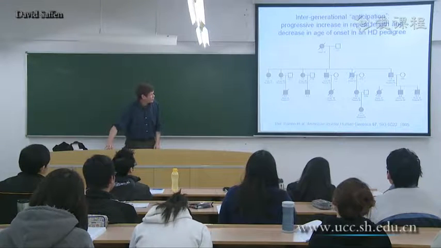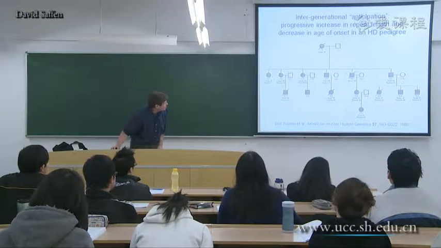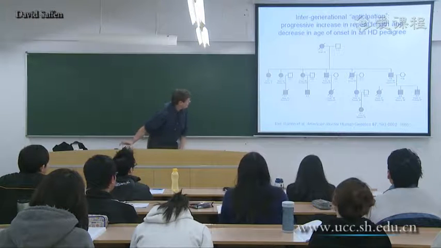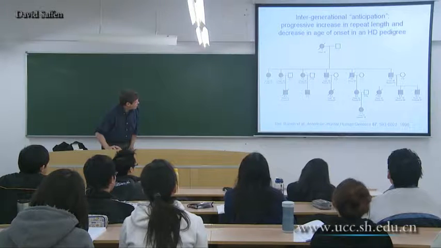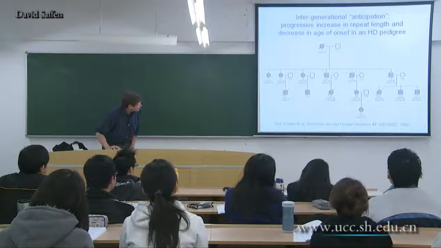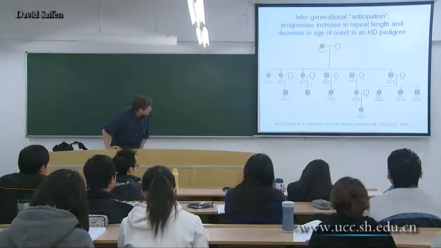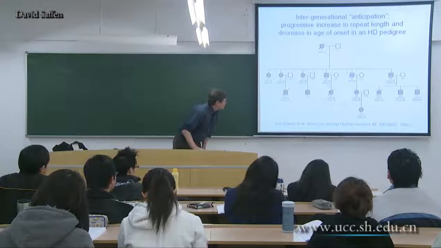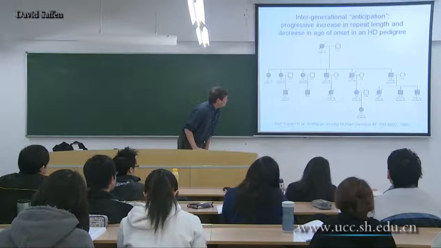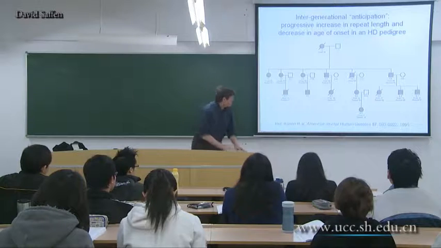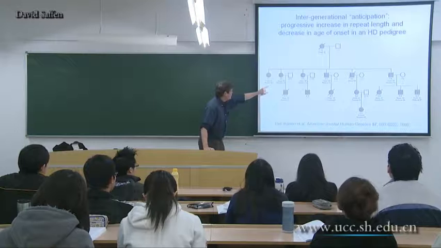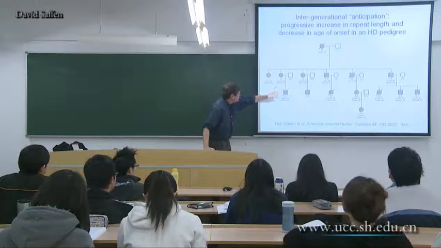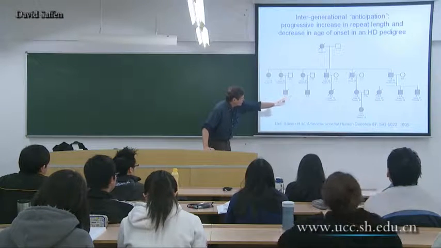So in the first generation, the age of onset was 34. Among those children, it's roughly the same: 35, 40, I can't read that, 39, 35, 33, what is that, 38. And then these are the number of repeats. So there's 51 repeats, 48, 50, 50, 40.